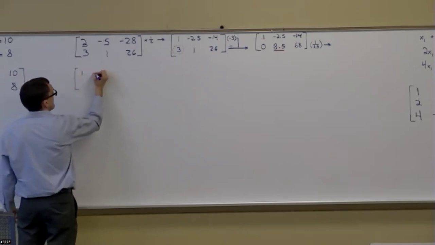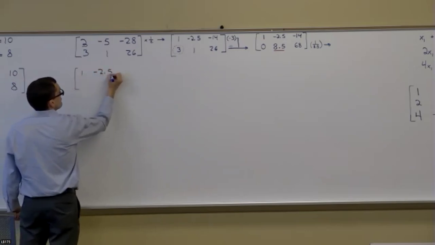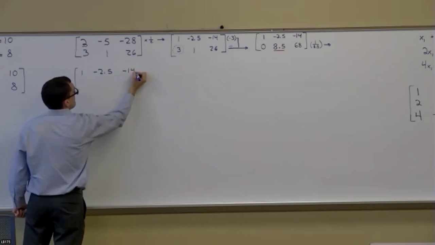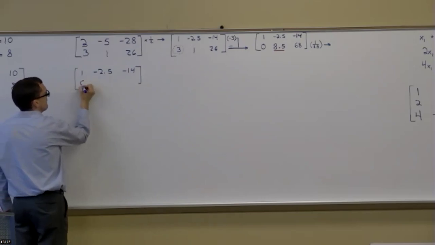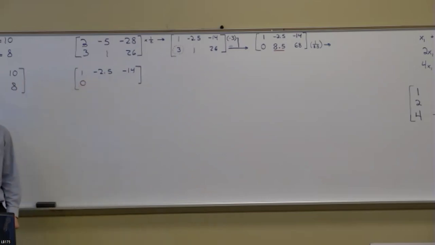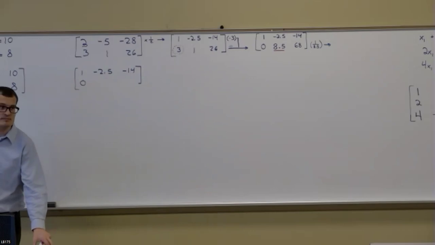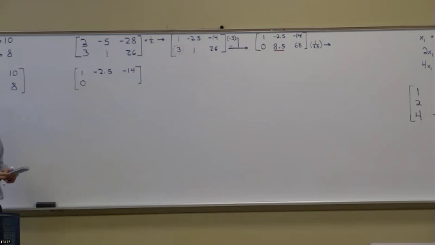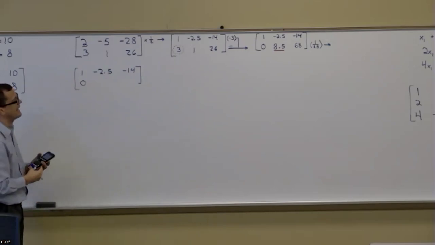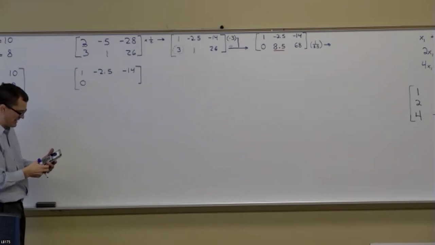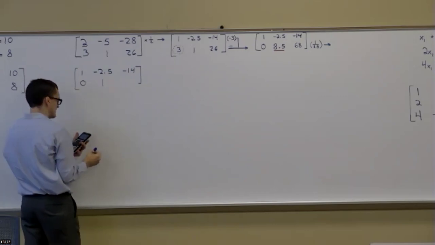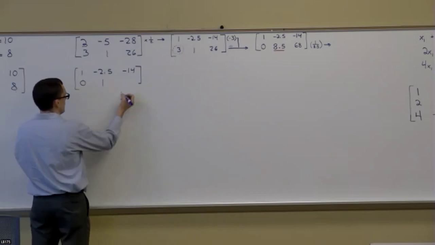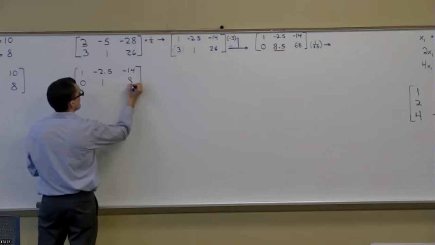The first row stays the same again. 0 times 1 over 8.5 is still 0, so that keeps that first column still nice. 8.5 divided by 8.5 is a 1. 68 divided by 8.5 is 8.